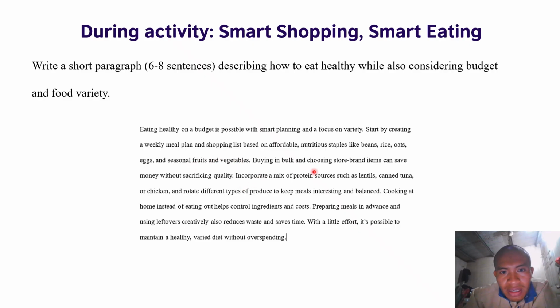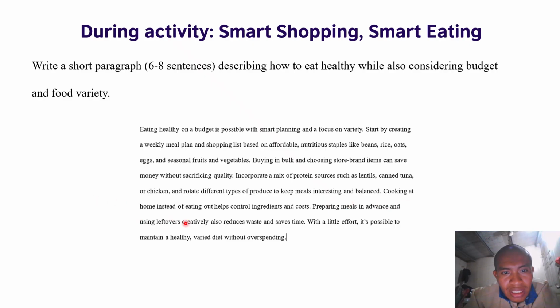Buying in bulk and choosing store brand items can save money without sacrificing quality. So you have to choose the best market, like PriceSmart for me, for example. Incorporate a mix of protein sources such as lentils, canned tuna, or chicken. Rotate different types of products to keep meals interesting and balanced.